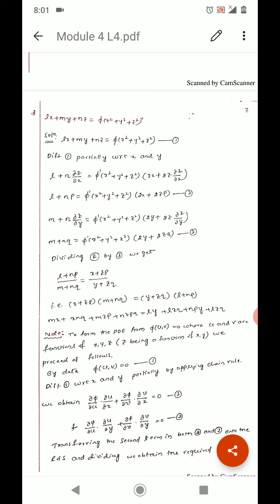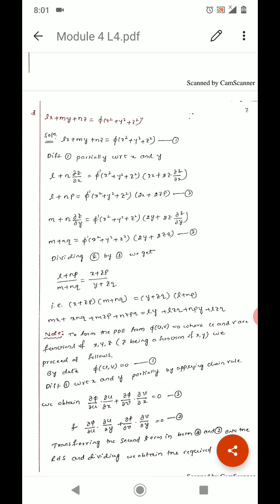Differentiation of my plus nz becomes 0 with respect to x, equal to function phi of x square plus y square plus z square. Its differentiation is phi dash of x square plus y square plus z square, and differentiation of x square is 2x plus differentiation of y square is 0 and z square.